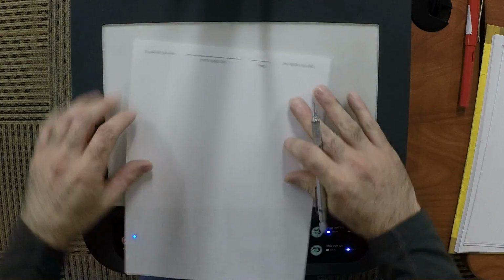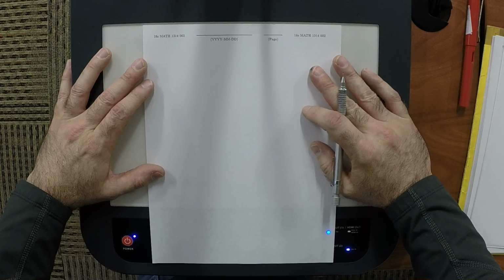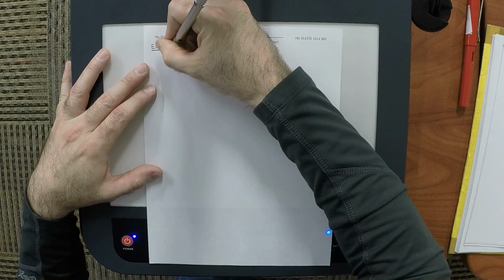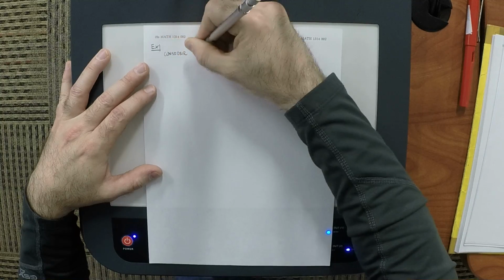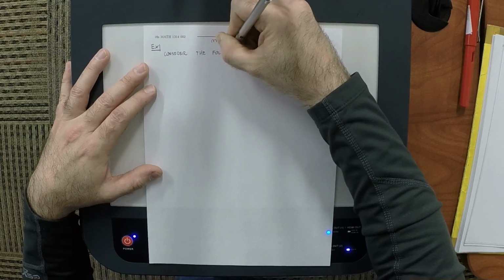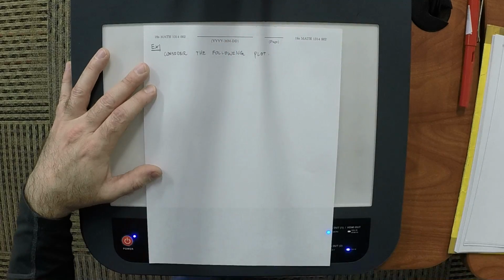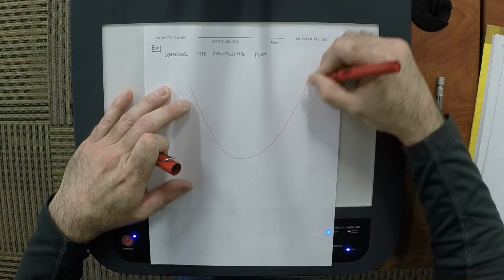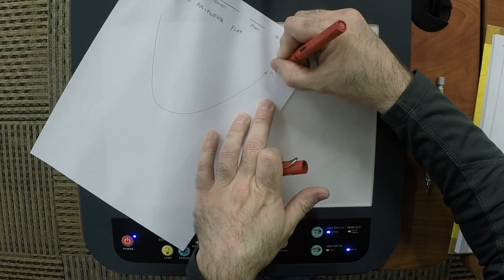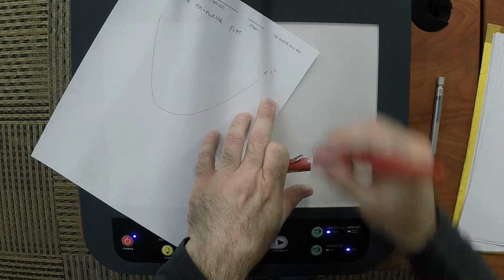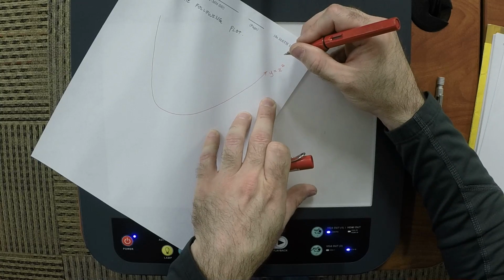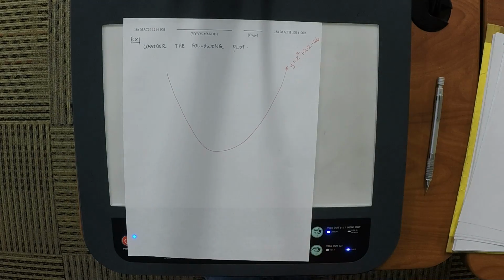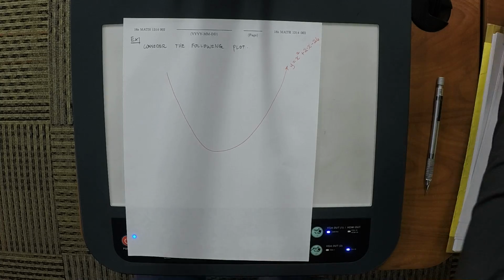Okay. So here's a different question. Consider the following plot. So that's the red one there, that parabola defined by that quadratic.